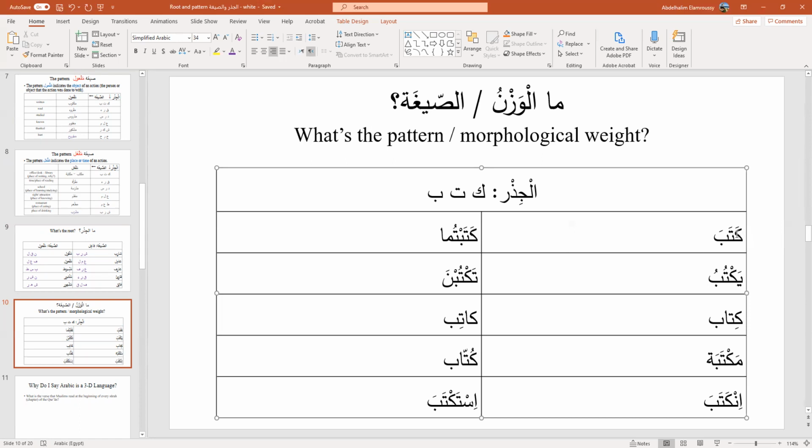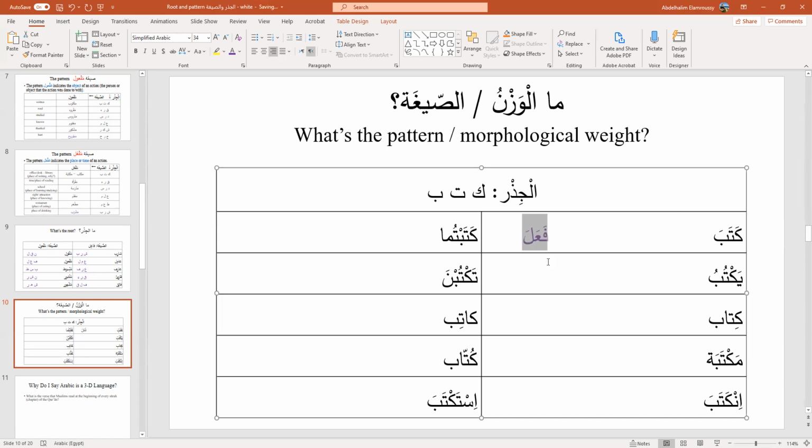Just as usual, replace the first letter of the root, which is the kaf, with the fa. Replace the second letter of the root, which is the ta, with ayn, and replace the third letter of the root, which is the ba, with lam, and then you will add everything else as it is.